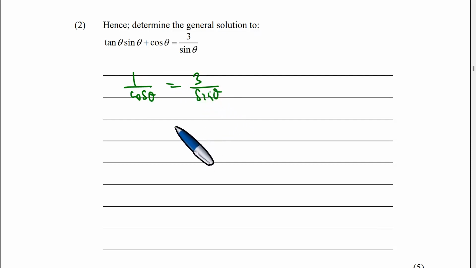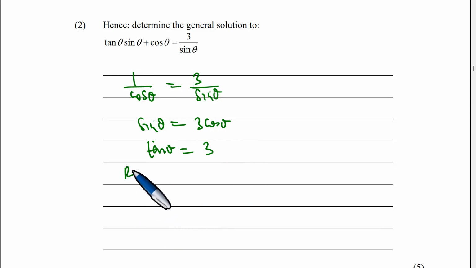So we cross multiply, which gives sine theta equals 3 times cosine theta. You divide both sides by cosine, and it becomes tan theta, which is sine over cosine, equal to the number 3.